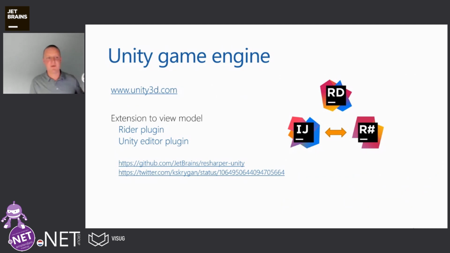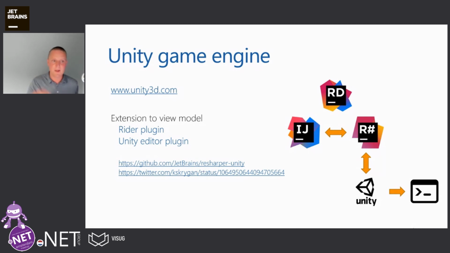If you look at the Unity game engine support that we have in Rider, you will see that we are also heavily extending the protocol there to make a really rich experience between the Unity editor as well as whatever we have in Rider as the IDE. So when you run Unity in Rider, you actually have Rider communicating with the Unity process. Unity communicates with your application.